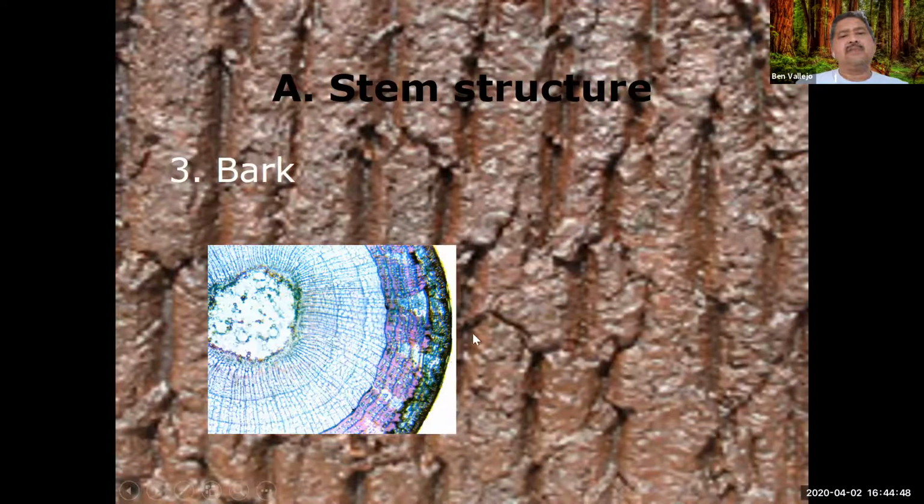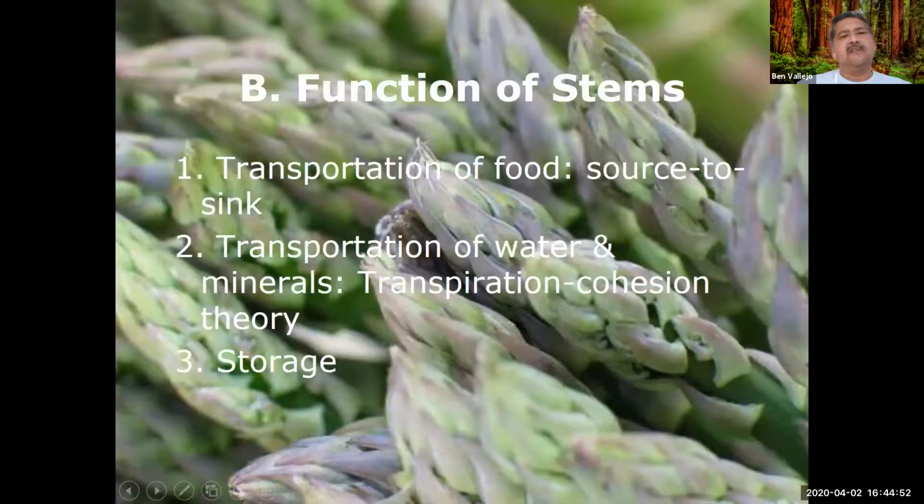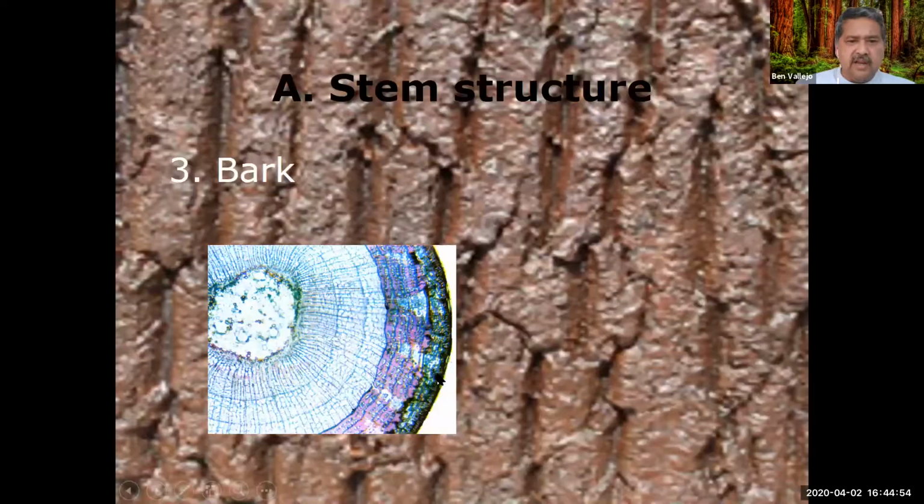Now, here's the bark of the tree. The bark of the tree is right here, and the bark of the tree actually consists of the cork right here, the phloem, which is the purple region here, and then this line is the vascular cambium. It's the lateral meristematic tissue, the growth tissue. So all the new cells will go out this way.